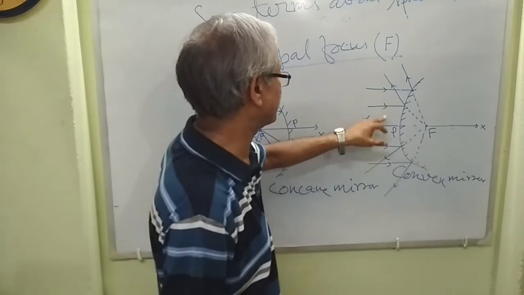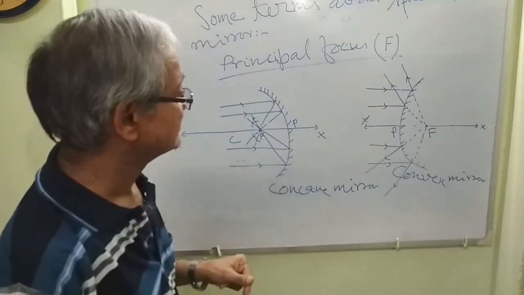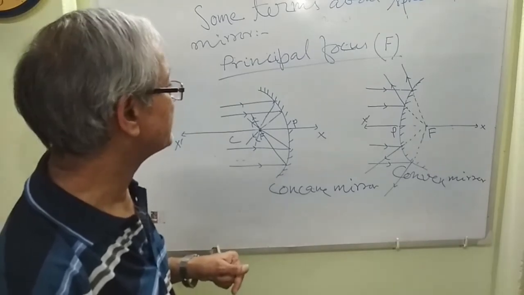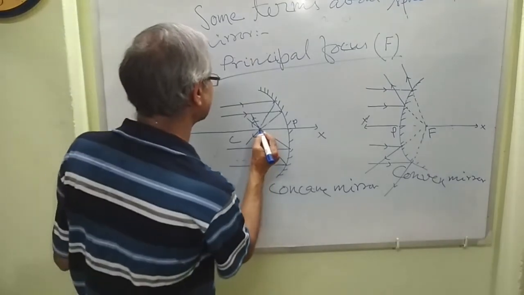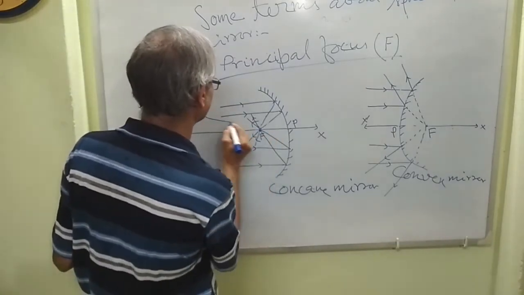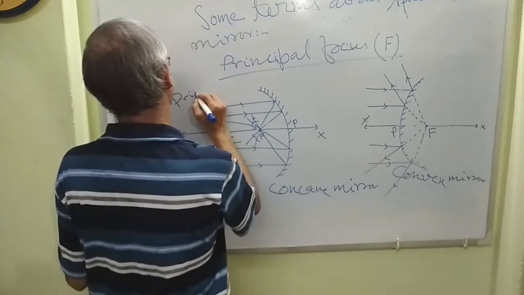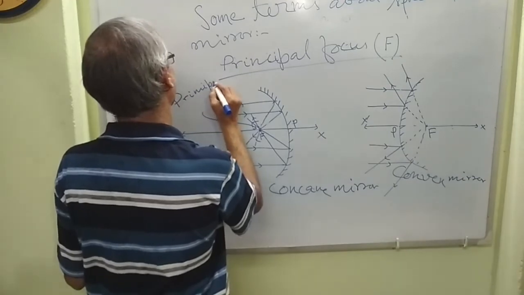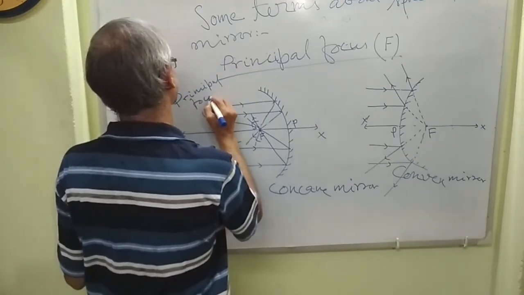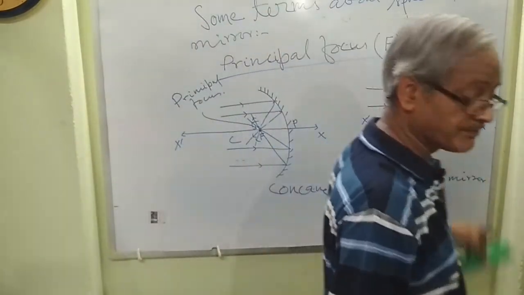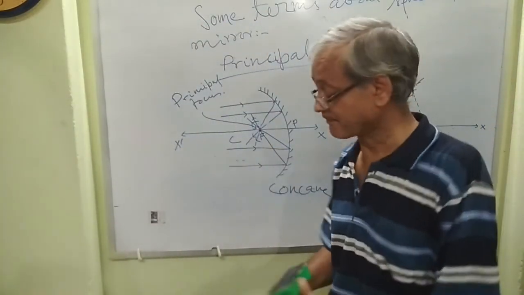Here the incident rays must be parallel to the principal axis. Then this point on the principal axis is called the principal focus. That is, in this case, F is the principal focus.